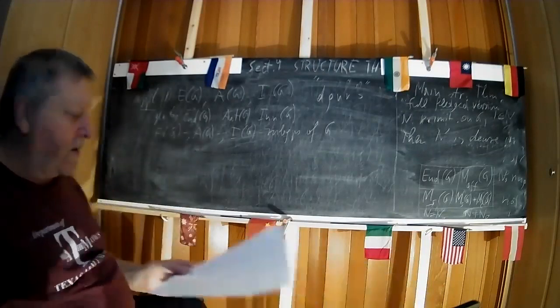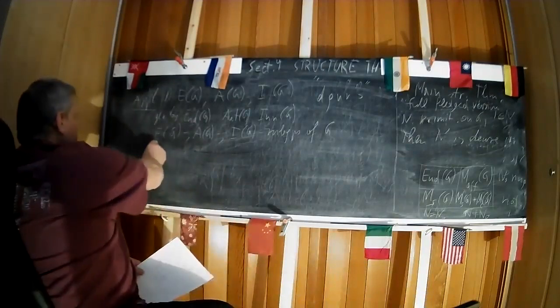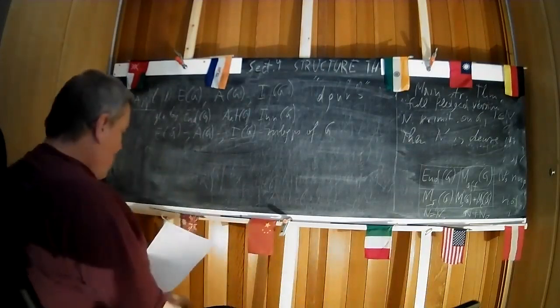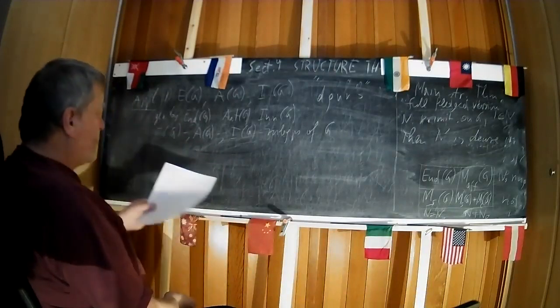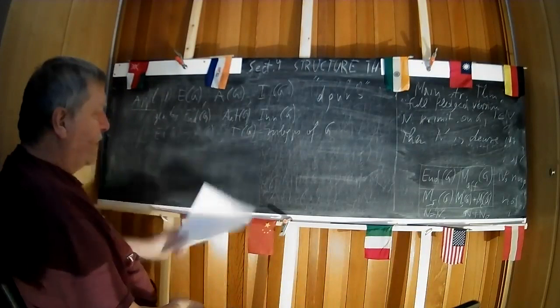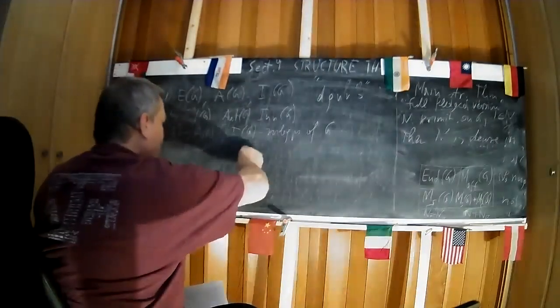This means these subgroups which are closed under all inner automorphisms are called simply the normal subgroups.